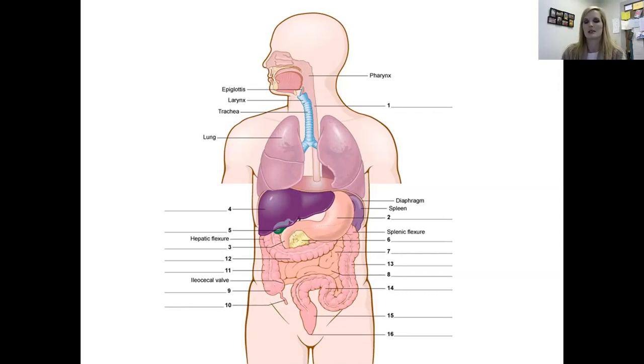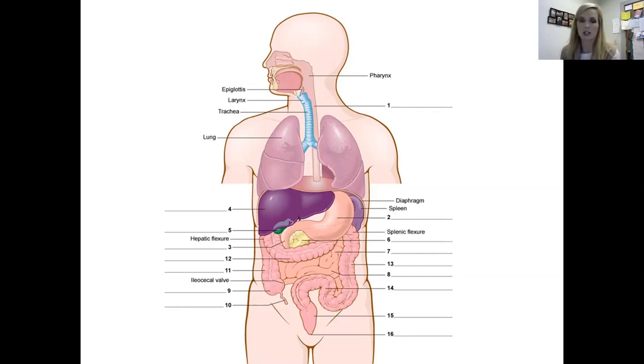All right. Then from the small intestine, as well as those secretions that come into the small intestine to help with digestion, we are then going to move into the large intestine. So the large intestine starts at number 9. Number 9 is what's called the cecum. I'm trying to see where we're talking about the large intestine in the book.